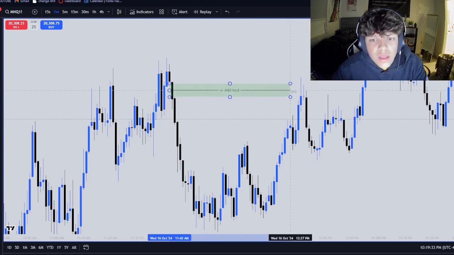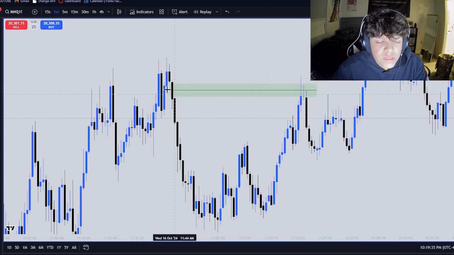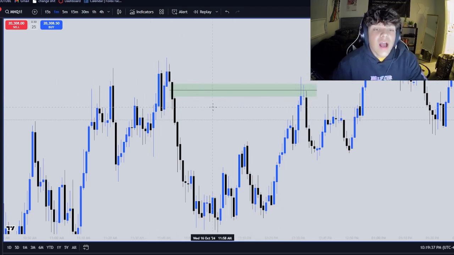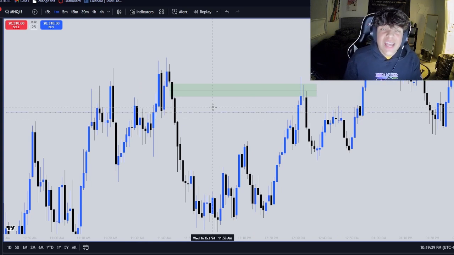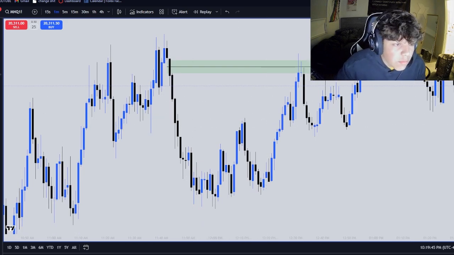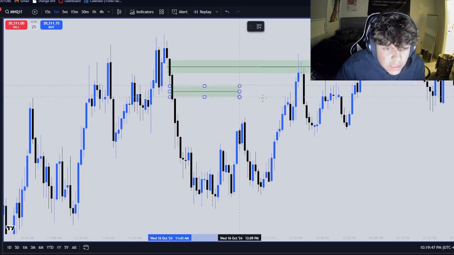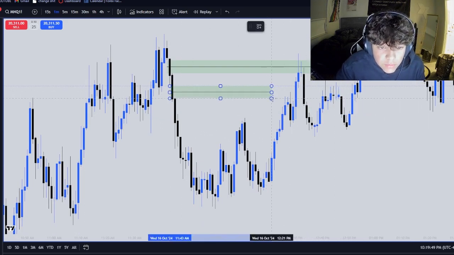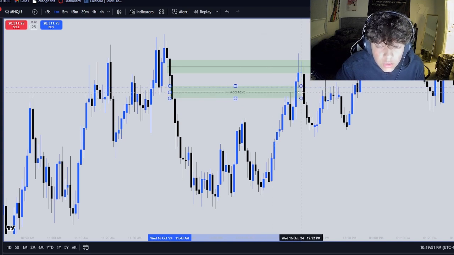Want to know why? Because this one was the start of it. Fair value gaps tend to be a lot stronger at the beginning of these big moves. If you were to mark out all these different fair value gaps, because there's a ton of them, you wouldn't be as successful.